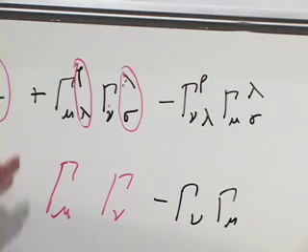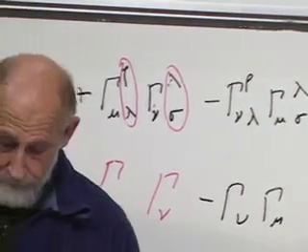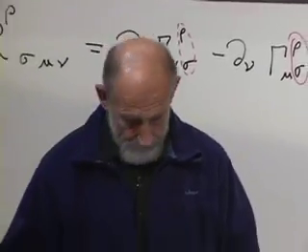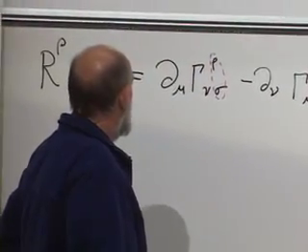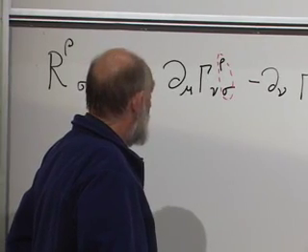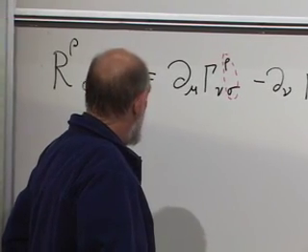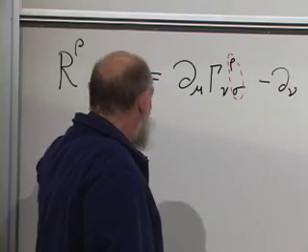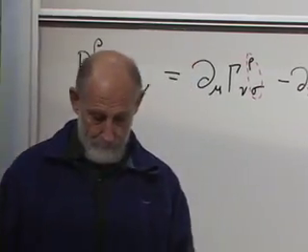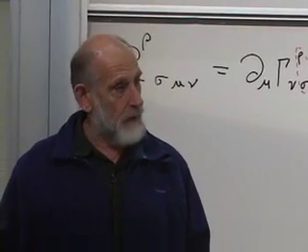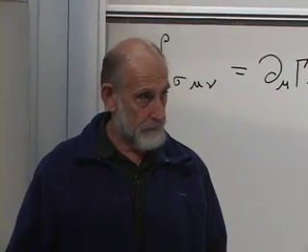So this is, in fact, the commutator of two matrices. Right. And in fact, the whole thing is also a commutator, but that's a little more complicated. It's a commutator of two covariant derivatives.